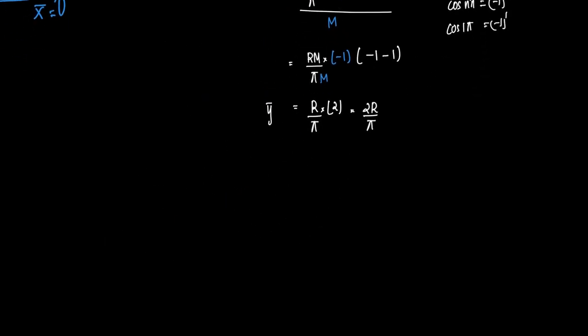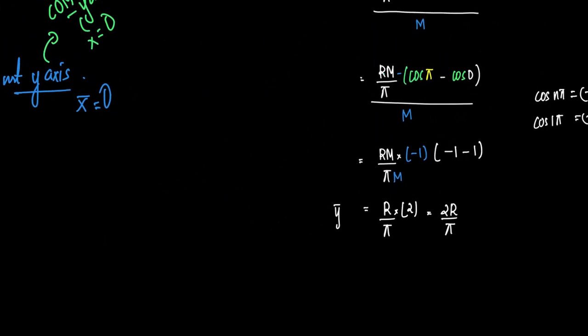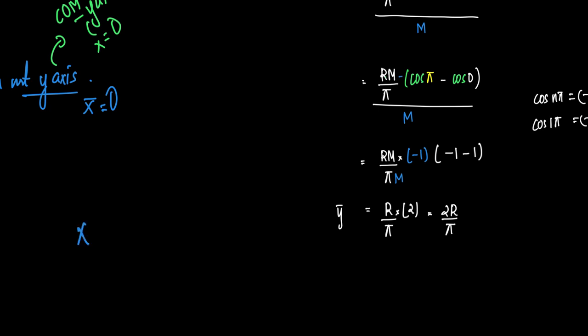Right? So this is what we have. From these two, we can conclude that x bar is equal to 0 and y bar is equal to 2r by pi.